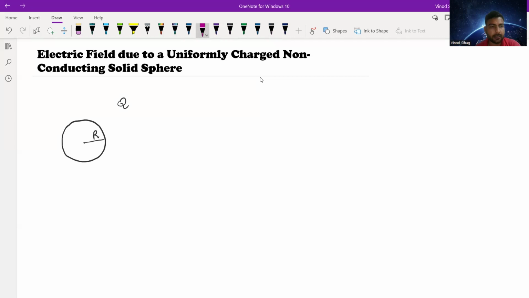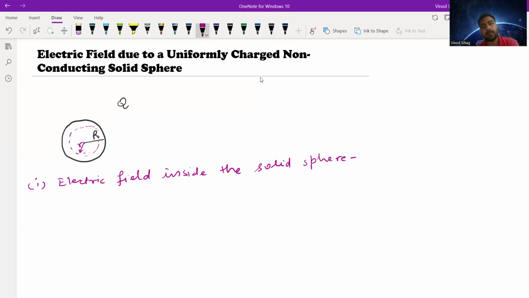So let us assume that there is a Gaussian surface of spherical shape, and the radius of the Gaussian surface is r. I'm assuming the case of the electric field inside the solid sphere.